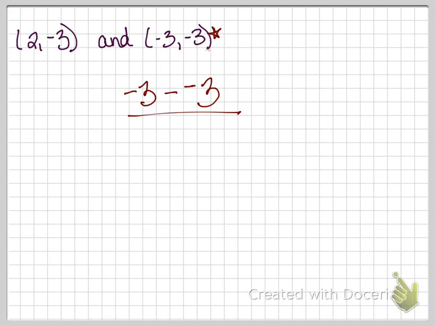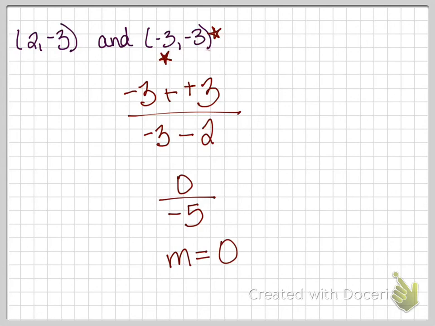So I'm starting here because that's the point I started with. -3 minus 2. So -3 minus -3 gives me a 0 in the numerator. Then I've got a -5 in the denominator. Is a 0 in the numerator okay? Yes. So my slope here is 0. This is a horizontal line. You aren't asked to graph it, but this is a horizontal line. You have a 0 slope.